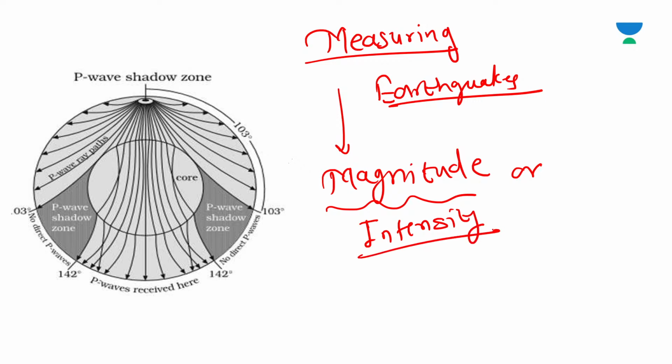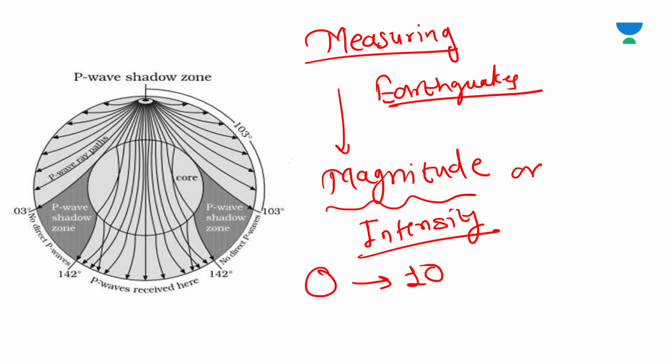So friends, the magnitude scale is known as the Richter scale. The magnitude relates to the energy released during the quake. The magnitude is expressed in numbers, that is 0 to 10.